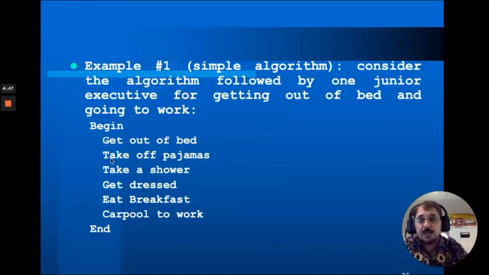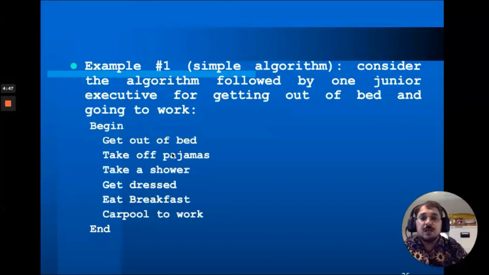Get out of bed. Next activity, take off pajamas. Next, take a shower. Next, get dressed. Next, eat breakfast. Next, carpool to work or go to work.